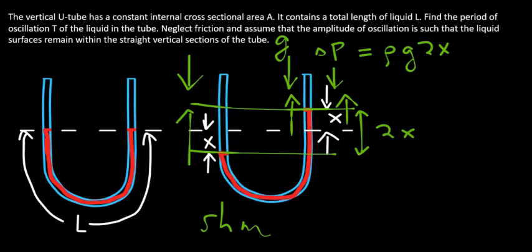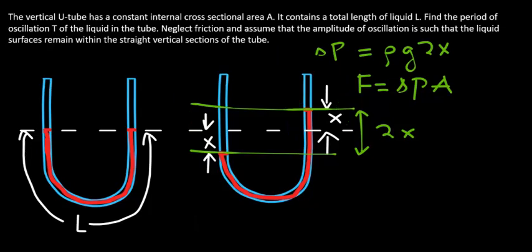What is the expression for the force? Now we know force equals pressure, in this case the pressure difference, times the cross-sectional area of that tube A. So you see the force in this case, remember it is a restoring force, so there will be a minus there. The pressure difference is given by rho g 2x times the cross-sectional area.